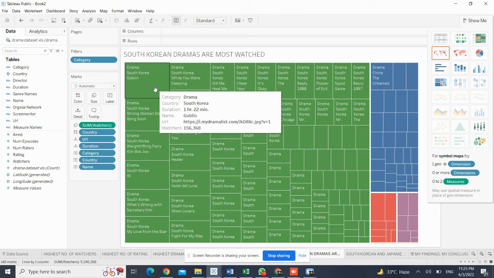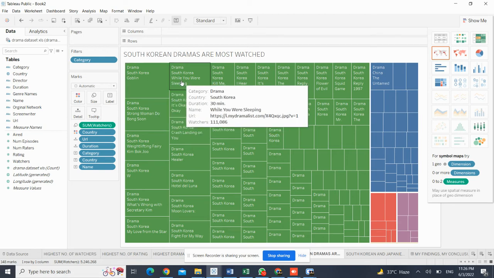The most beneficial thing about adding the URL is that anyone who sees this analysis and is interested in dramas can get the link of that drama, copy it from here, and easily reach that drama.